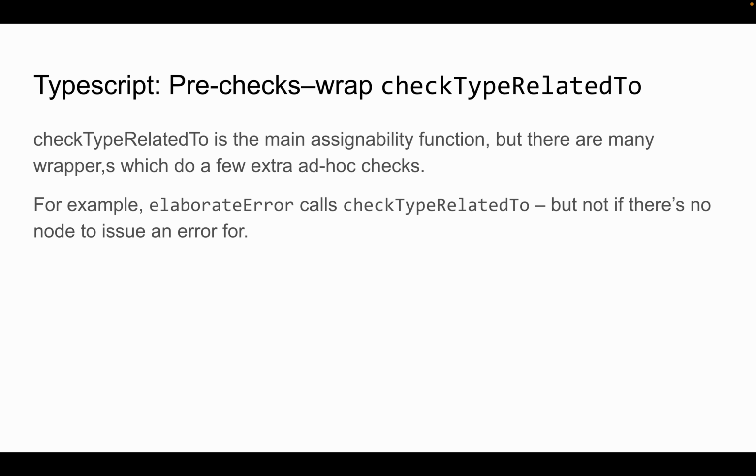But the very first thing it does before calling check type related to is making sure you actually passed a node in to issue the error on. And if you didn't, then it just fast exits. So that's a really simple check, but there are other ones that do some pre-processing or some extra checks beforehand. So be aware if you're looking at the compiler code, lots of things call into check type related to.